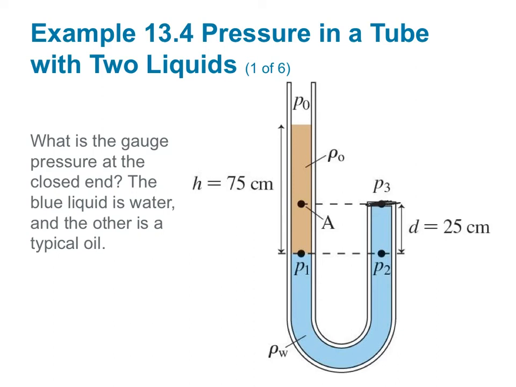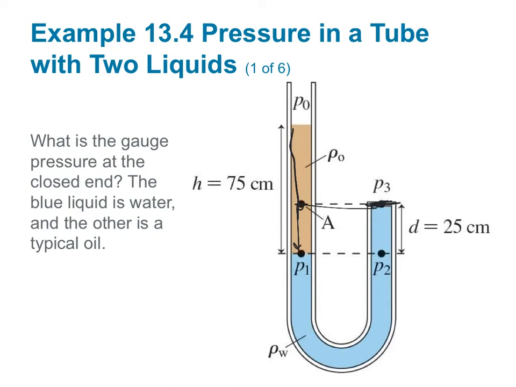So we need a problem-solving strategy here. We know that we can find the pressure at a depth. So we could find the pressure through this oil down to point A, and we could also find it to point P1. Now the hang up here that you might see is you might say that all points on the horizontal line are equal, so you could just find the pressure at A and apply it to pressure at P3, just like we did in the previous problem.